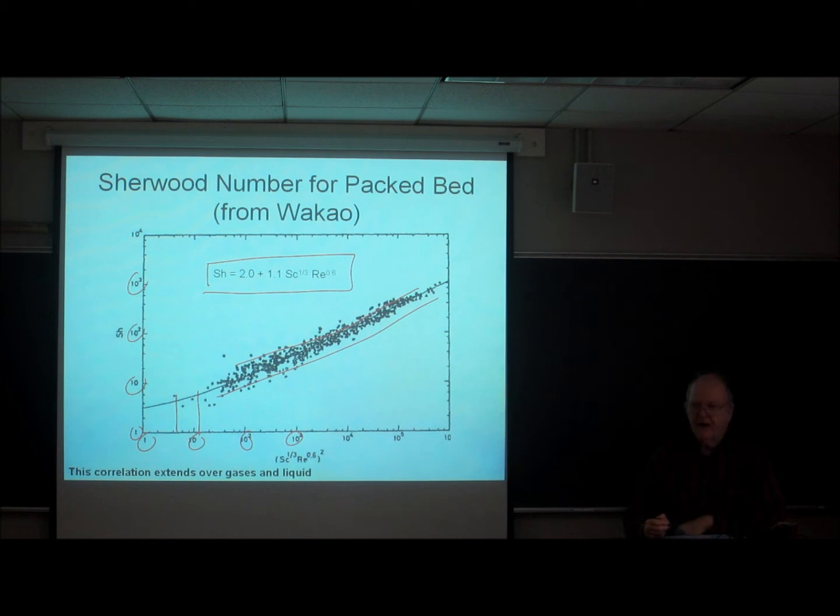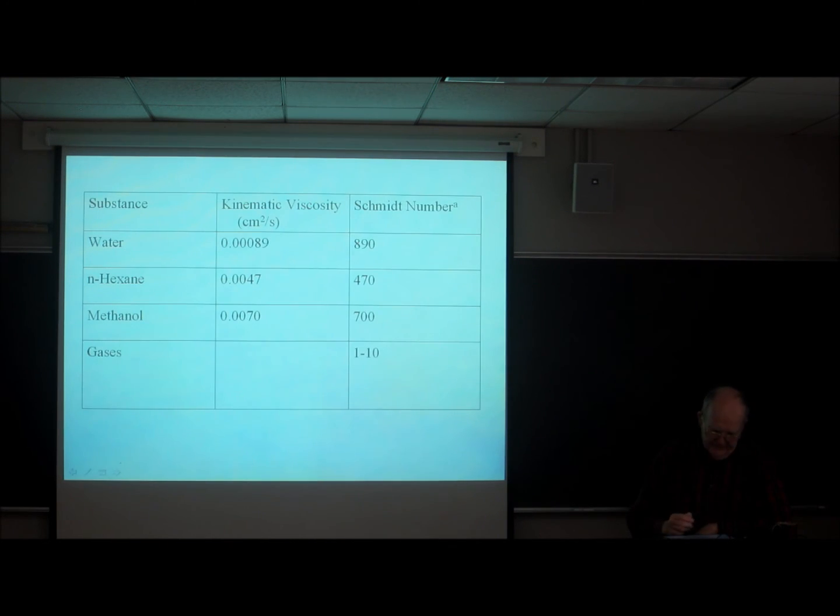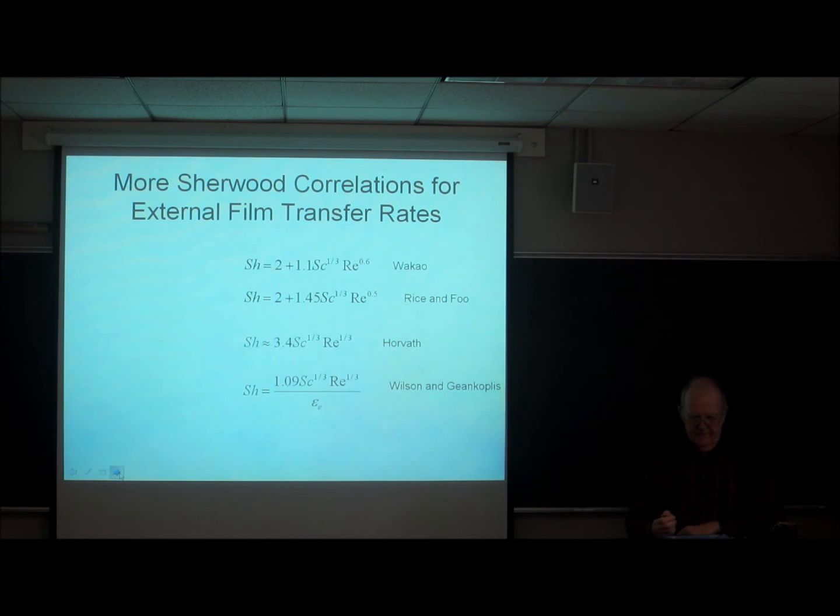Now, other people have done other studies under other conditions, and they've come up with, I'm sorry, I'm going to skip that and get right to it. This is Wakao's result. Rice and Foo recommend this correlation. Notice there's a little difference here, not a big difference, and there's some difference in the numerical coefficient there.